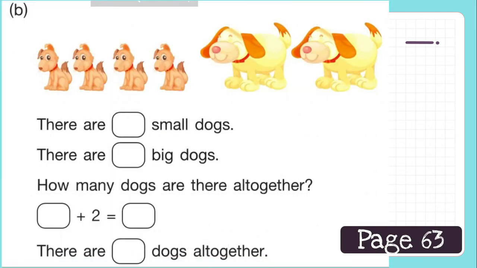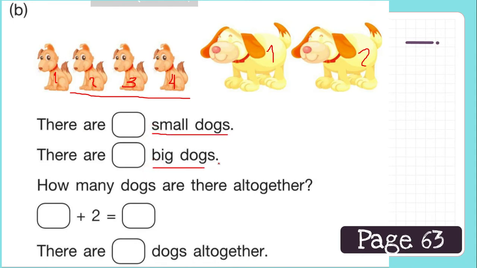There. Next. Okay. Let's go to page 63, letter B. Same page. Okay, so we have here 1, 2, 3, 4 small dogs, right? And then we have here 1, 2 big dogs. So we're going to write here the small. We have here the words small dogs and big dogs.